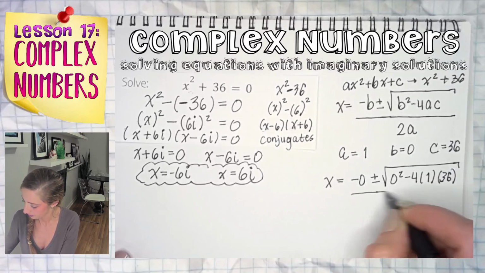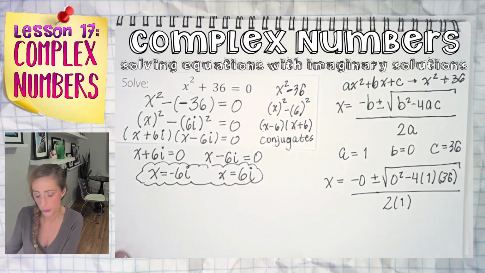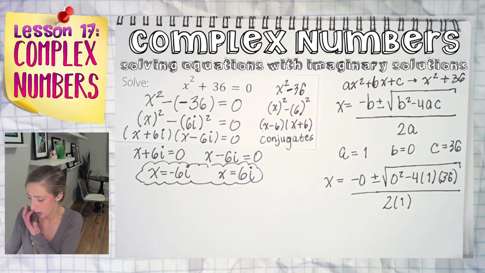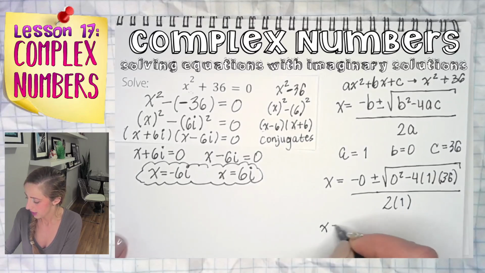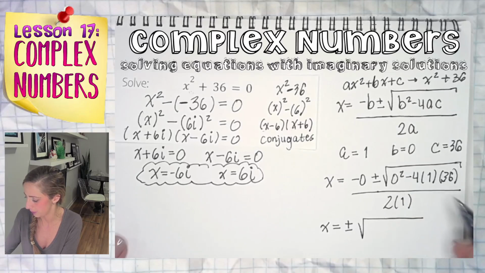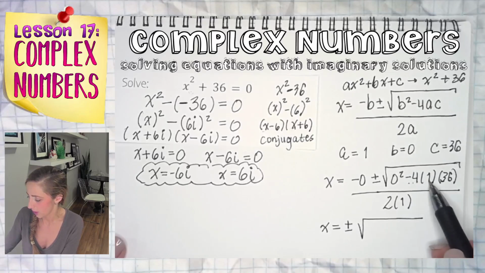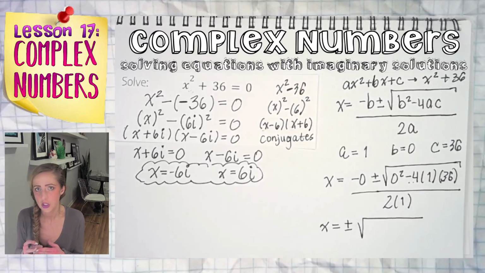all over 2 times 1. Okay. Now, this doesn't matter, right? x equals plus minus the square root of. That also doesn't matter. Negative 4 times 1, the multiplicative identity, times 36. A perfect square times another perfect square will always give you another perfect square.